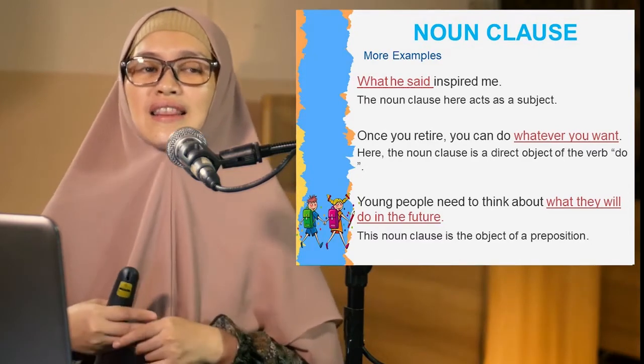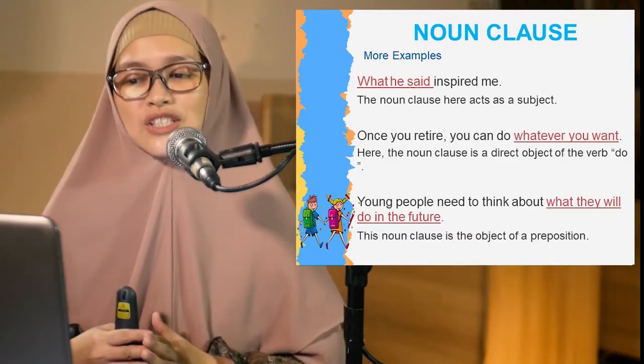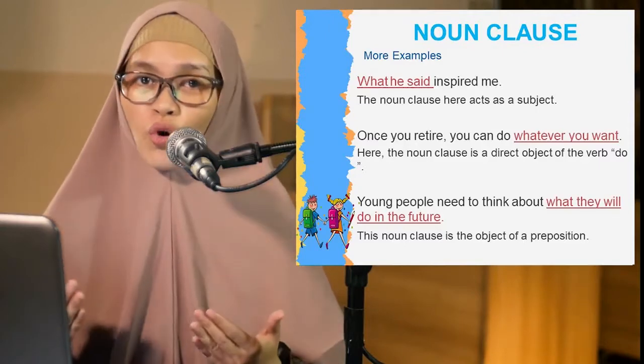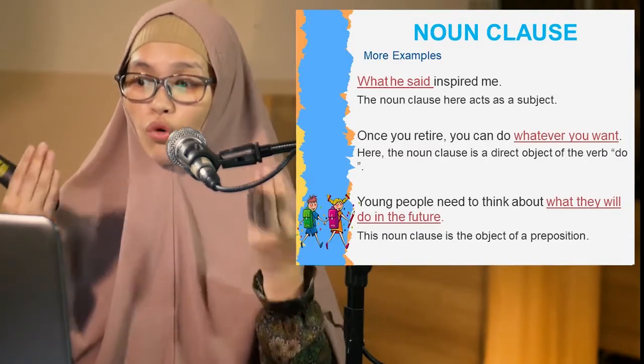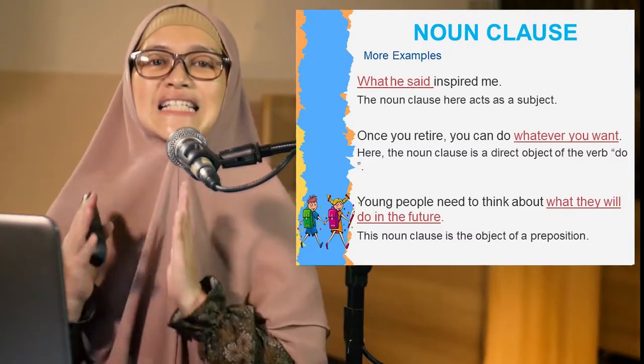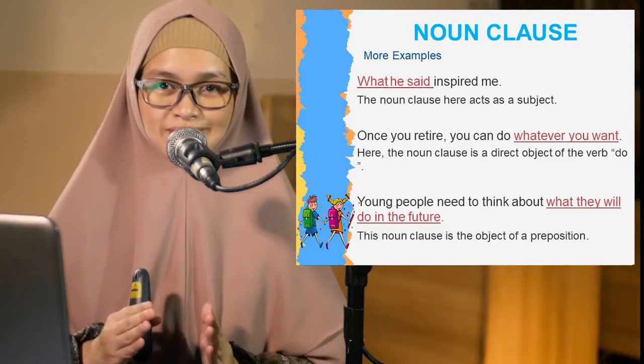The next example is, "Once you retire, you can do whatever you want." Here "whatever you want" is a noun clause, the direct object of the verb "do".